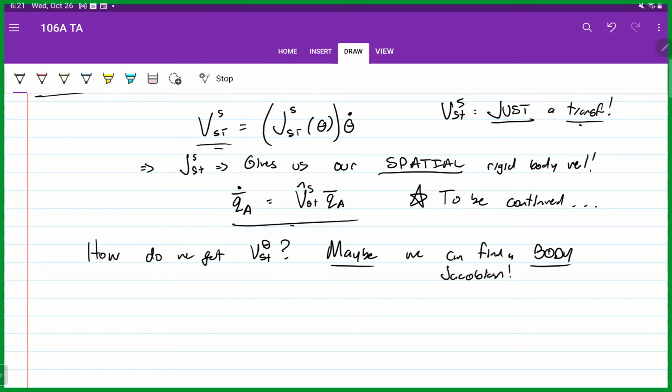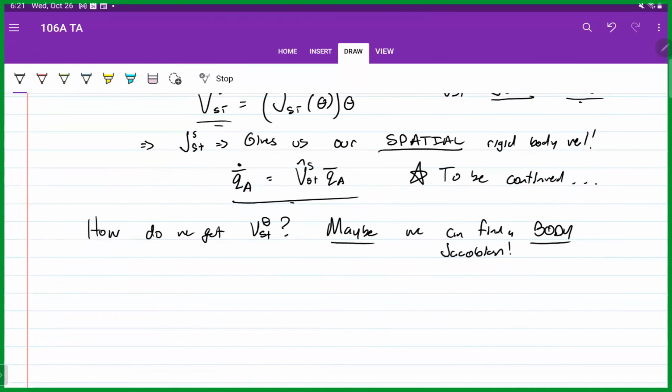All right, so what might that look like? Well, first of all, we could just start with the relationship between V_st spatial and V_st body. We know that V_st spatial is equal to the adjoint of the transformation g_st multiplied by V_st body. This is just the definition of what the adjoint is. It takes us from one frame back into the other frame.